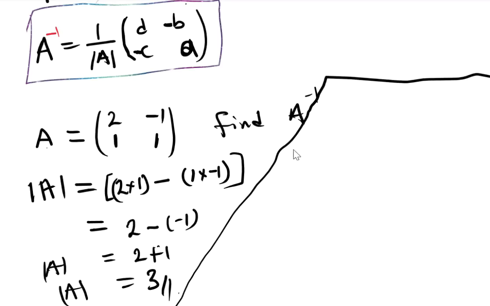A inverse is equal to 1 divided by the determinant, which is 3, into the elements of A. In this diagonal we have to switch them, which is 1 and 2, and minus into minus 1 and minus 1.